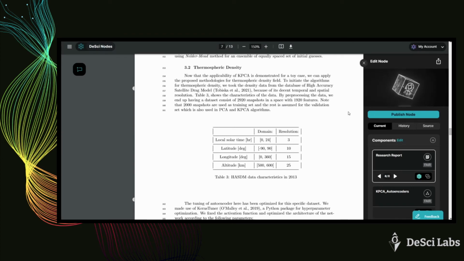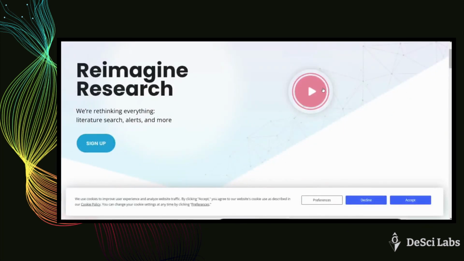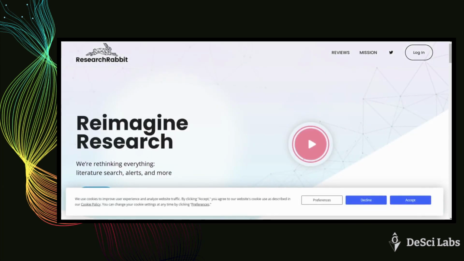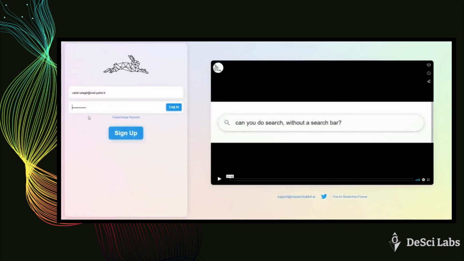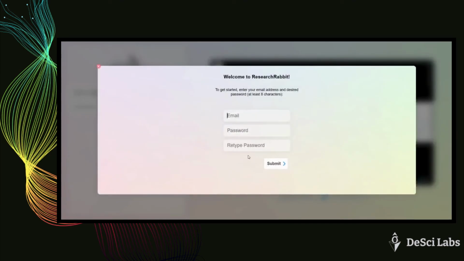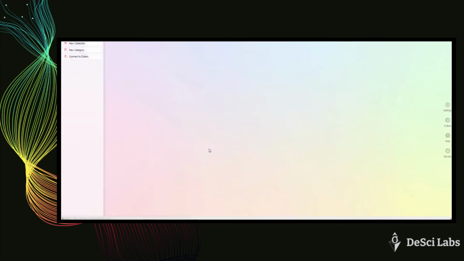Do you know, Vahid, what they're using for Research Rabbit? Because their system does that. You have the title and you can click. Okay, I don't know if I remember my login.